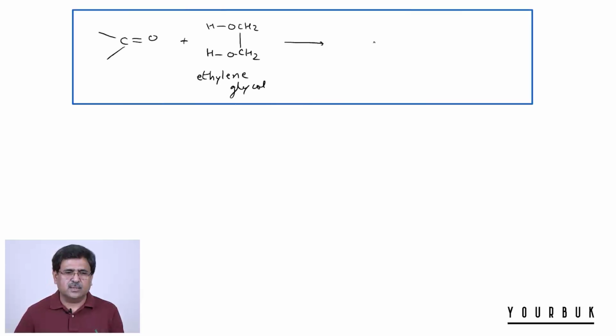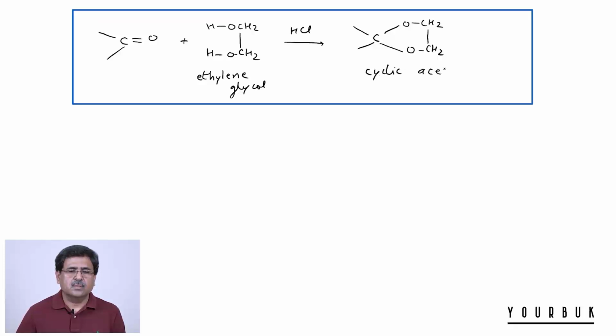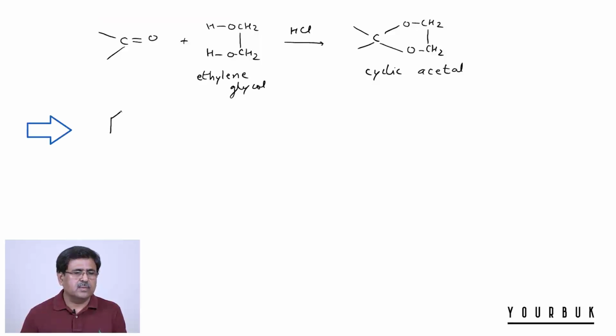Now, carbonyl group can also react with a dihydric alcohol to form cyclic acetals. And these cyclic acetals are highly stable, and as a result the equilibrium shifts in the forward direction. Now, we take one example. This is our cyclic ketone, and this ketone is called cyclopentanone.